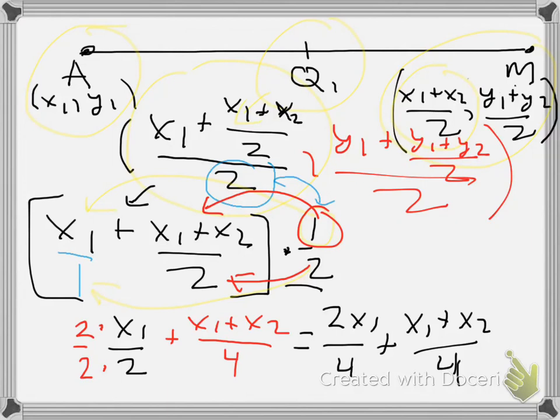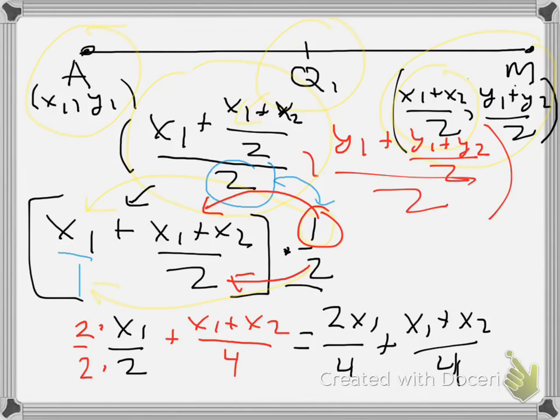Starting to look the same, but it's quite messy and I'm running out of space. So I'm going to advance another screen. And if I go back here, it was 2 over 4 x1 plus x1 plus x2 over 4.